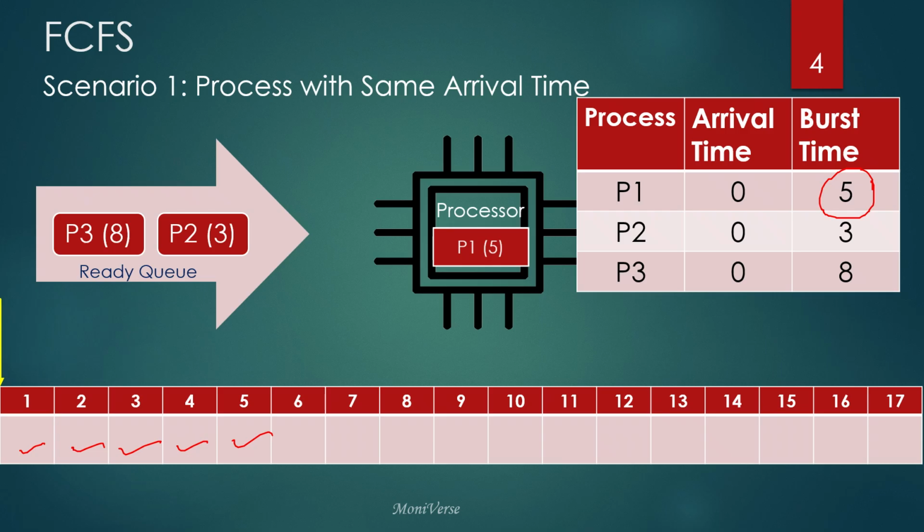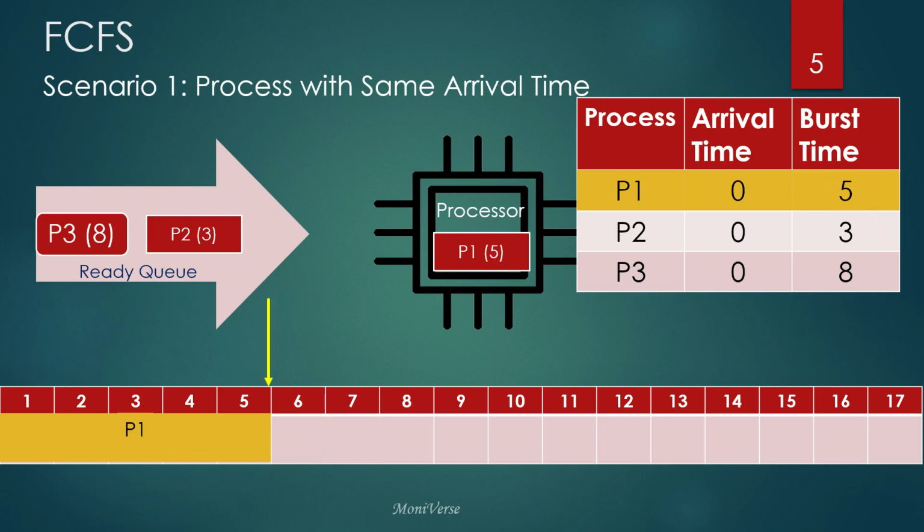As it is non-preemptive, the first entering item enters the processor for execution. P1 executes for the first 5 units of time, and once it is executed, it removes itself from the processor.